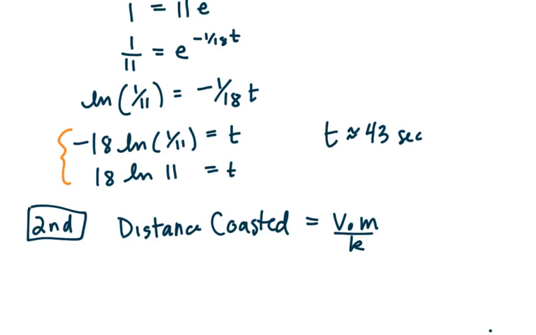And in this situation, we can plug in the values we know. We've got 11 for the velocity, 6 for the mass, over that 1/3 for our constant, and we end up with the distance coasted is 198 feet. So that was as far as she was going to possibly go until she stopped.